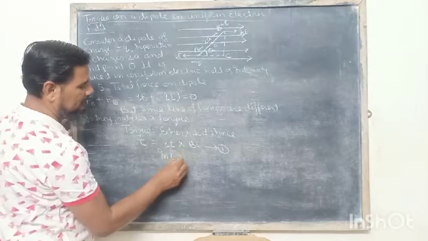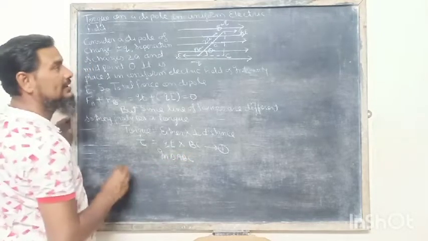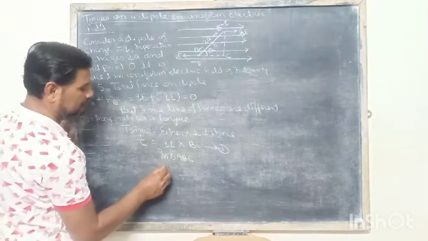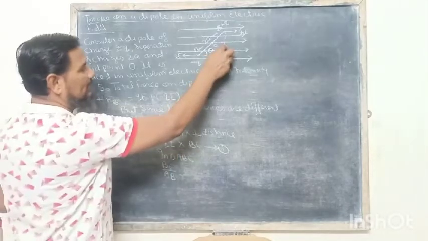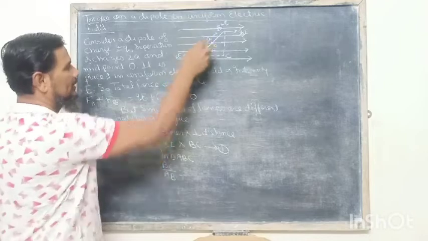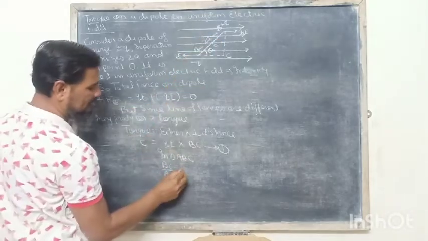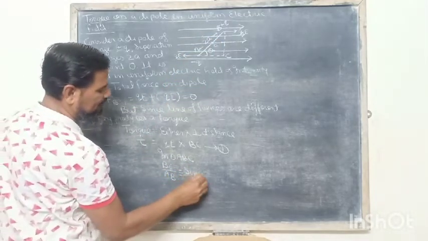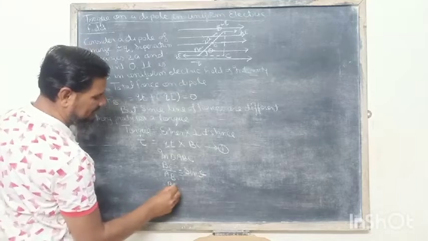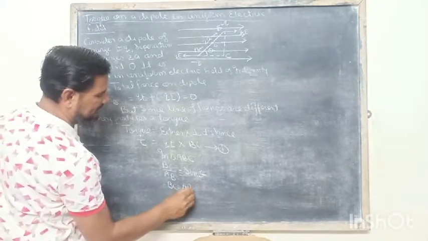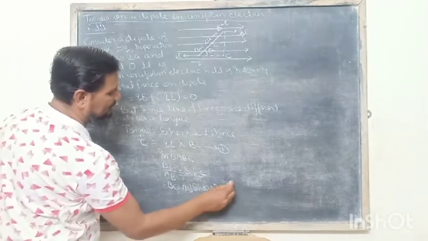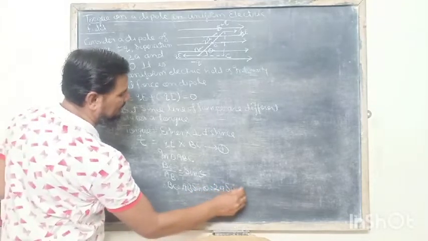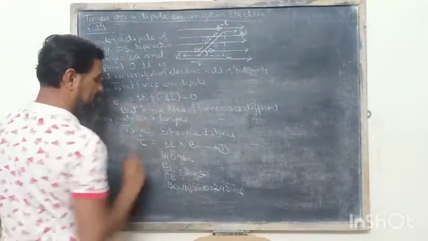In triangle ABC, BC upon AB, perpendicular upon hypotenuse, is equal to sine theta. So BC is equal to AB sine theta. And the value of AB is the separation of charges, 2a.